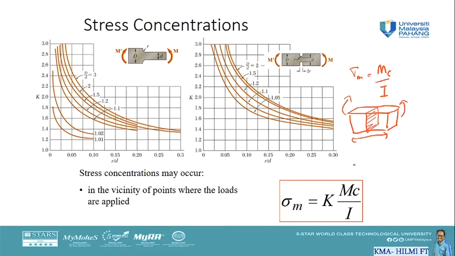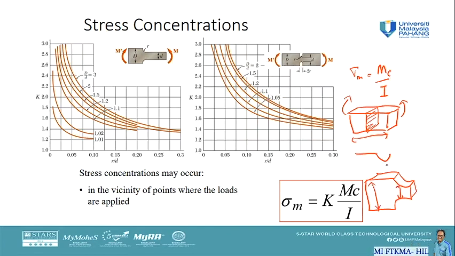We may have a member with two particular cases. One is a flat bar with a sudden change in the width. So this is one smooth, this is the other, so the width is different.